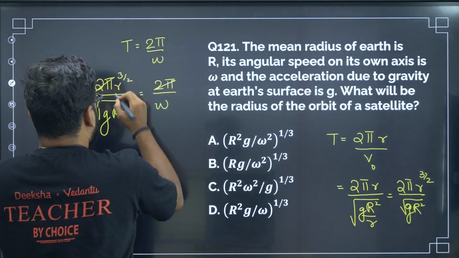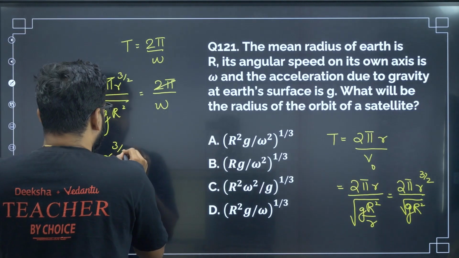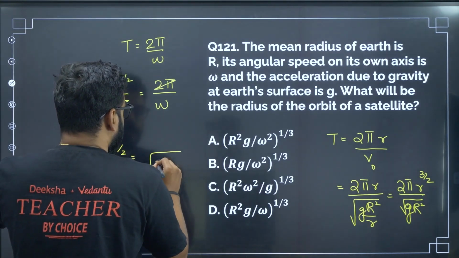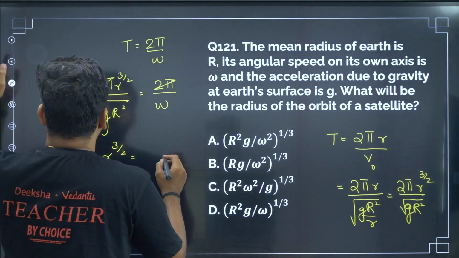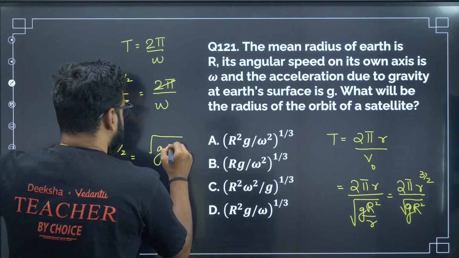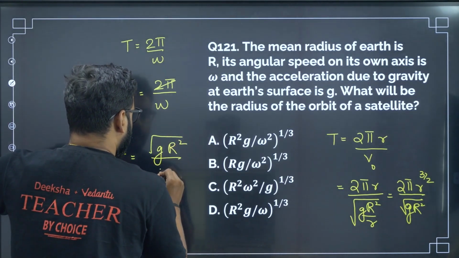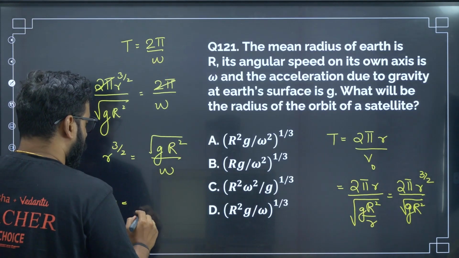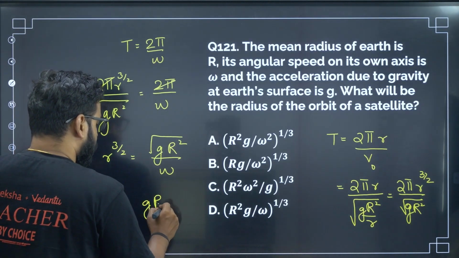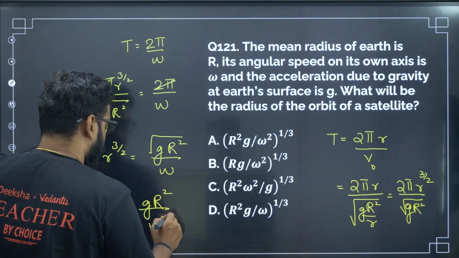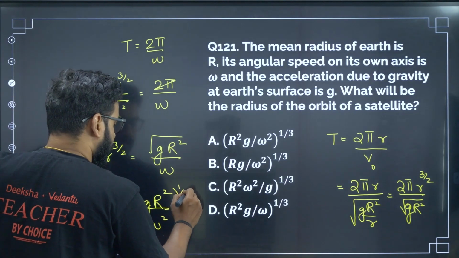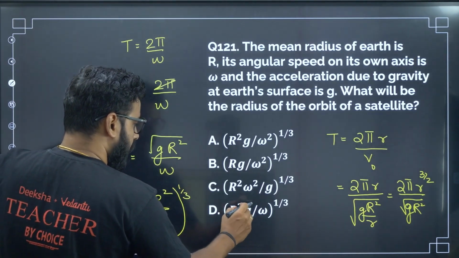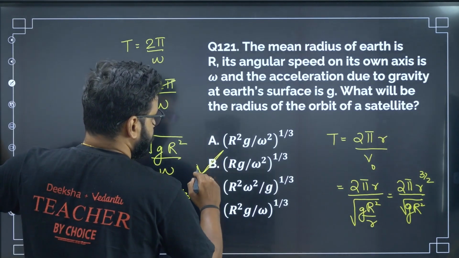The 2 pi cancels, so R to the power 3 by 2 is equal to root of g r squared divided by omega. Square on both sides and take the cube root, so R is equal to g r squared by omega squared, whole power 1 by 3.